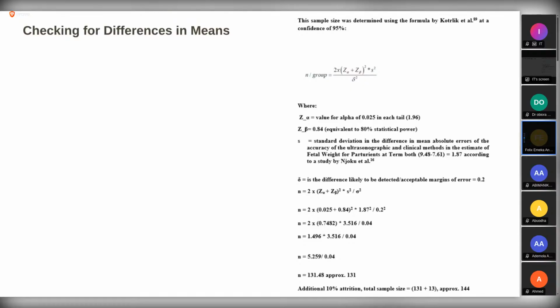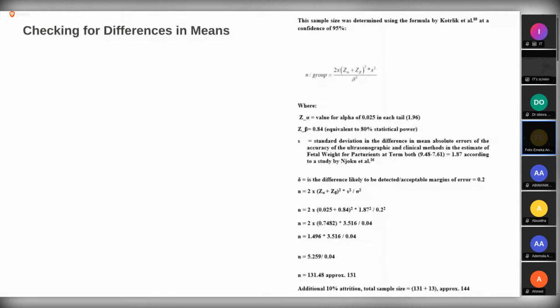In this study, which is looking for difference in mean absolute errors of the accuracy of ultrasonic and clinical method of estimation of fetal weight, the study had a mean absolute error and standard deviation of 9.48 for the first study. Then the other one has 7.61. So you take the difference between the first standard deviation and the second standard deviation. That's what will give you the standard deviation difference, which is what your S is.